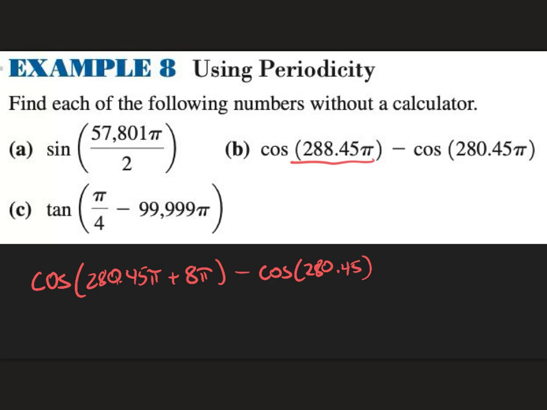So 280.45 is the same, and the only difference is the 8 pi. So 8 pi, if we divide that by 4, we get 2 pi. This is a multiple of 2 pi, and the cosine at 2 pi equals 0. So the cosine at 8 pi equals 0. 280.45 is going to cancel out, so it's just 0.